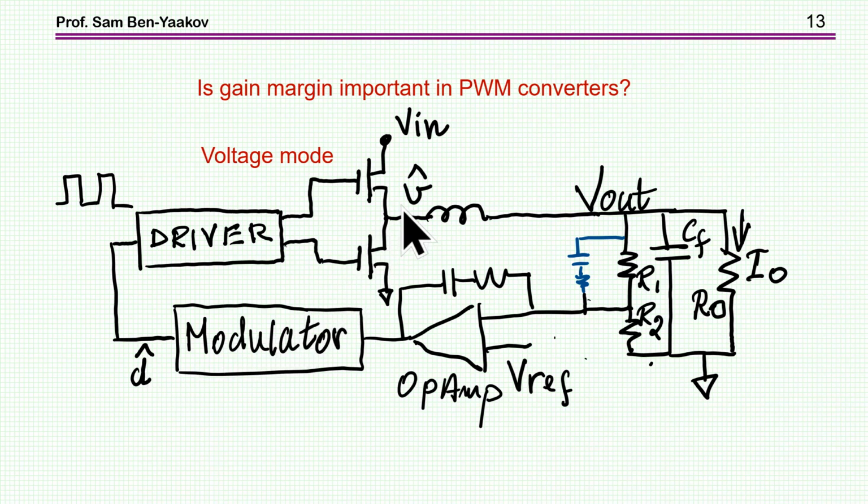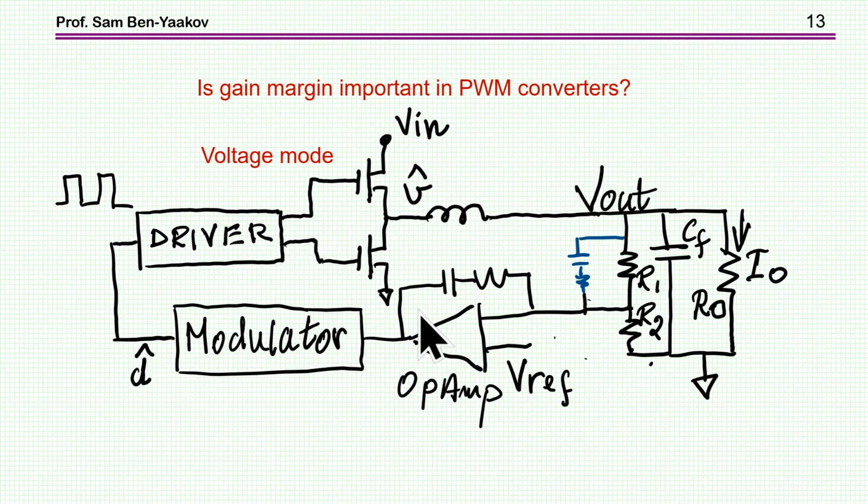Obviously, this response is a function of the input voltage, because this response is in fact the small signal duty cycle times Vin. Let's just take an example. Suppose you have a 0.1 change in the duty cycle. The average voltage here will change by 0.1 times Vin. So if you change Vin, you'll get a larger signal, meaning that you actually increase the loop gain.